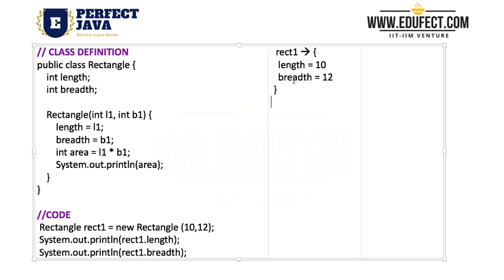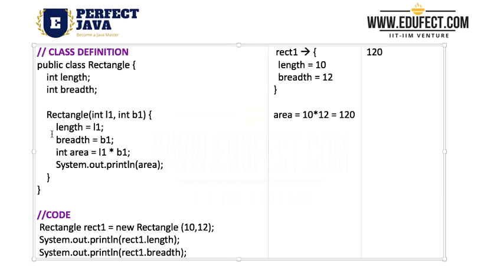Then in the constructor itself, we have not completed the constructor. int area is equal to L1 into B1. So in the constructor, we'll get area is equal to L1, which is 10, into 12, which is equal to 120. And then we are saying system.out.println area. So what will get printed on the screen is 120.